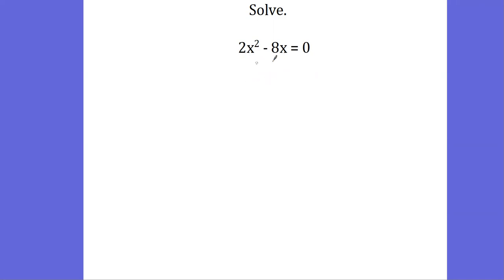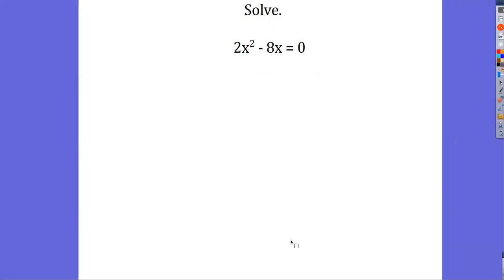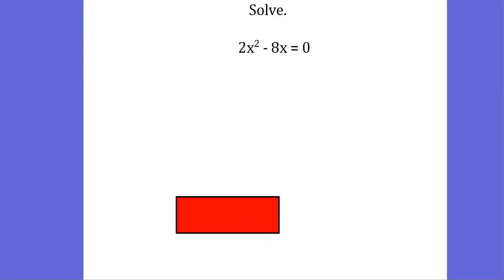So in terms of your greatest common factor, and you know what, we'll do the picture way real quick. So I have 2x squared right here, and I have negative 8x right here. I want to put my GCF right out here.